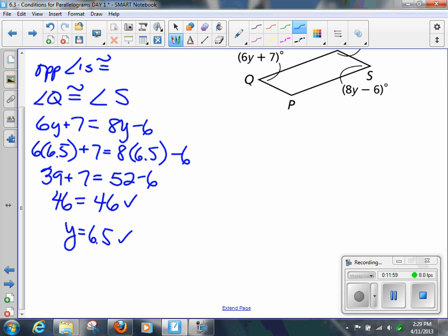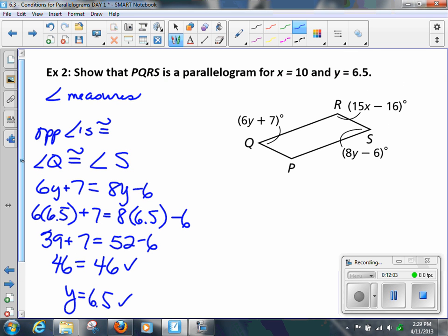How do we find if X? How in the world? What do we do? Because I have to verify X. So if you found either one of Q or S, you do that answer plus R is equal to 180, because consecutive angles equal 180.